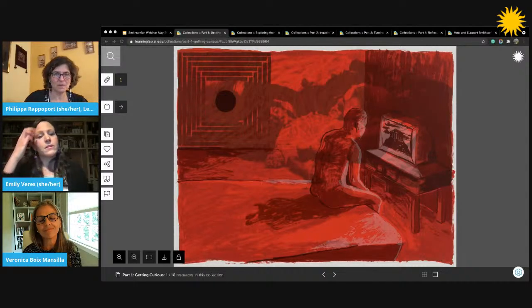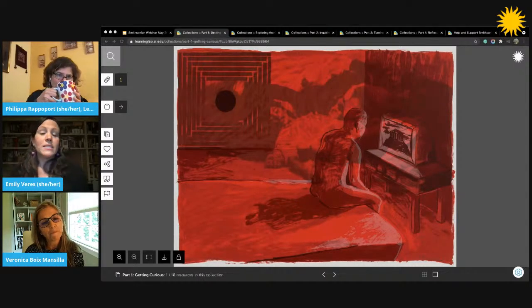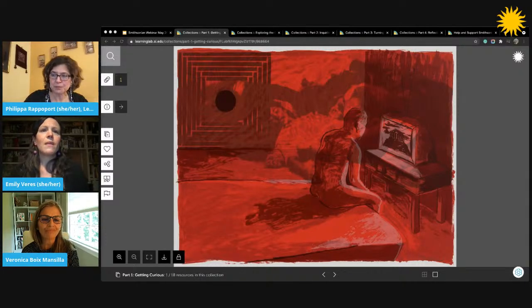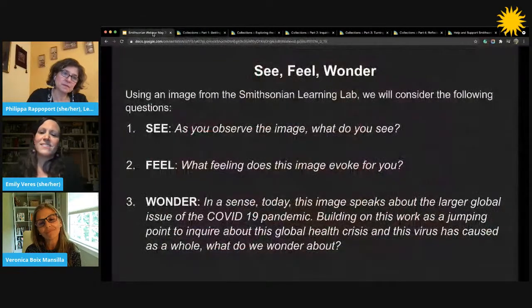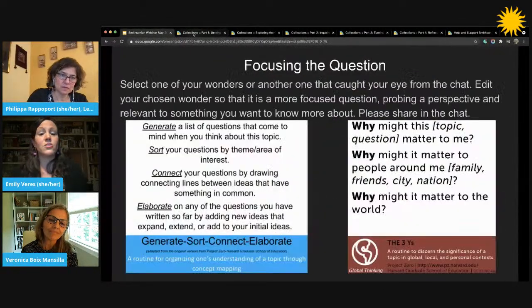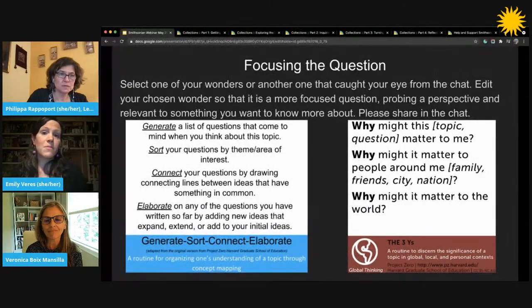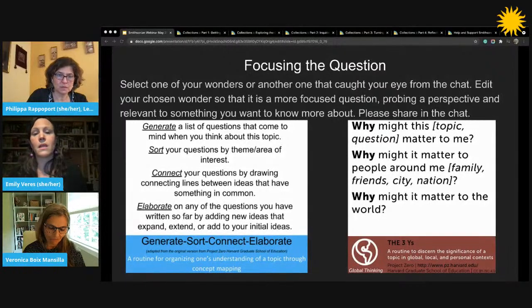So if we think about what my students were asking and transition back to what I had asked my students to do, I had used this particular image as a starting point for the exploration, just to get them thinking about different perspectives and looking at an image a different way and not just seeing a work of art for what it is.